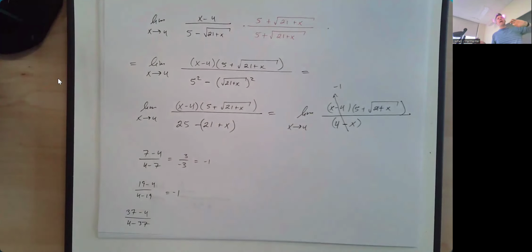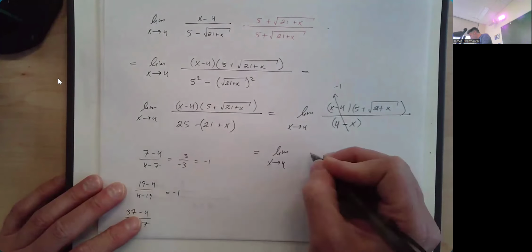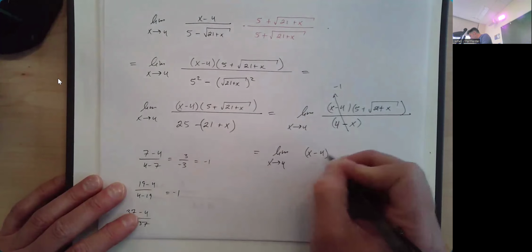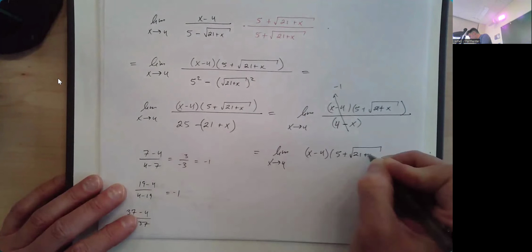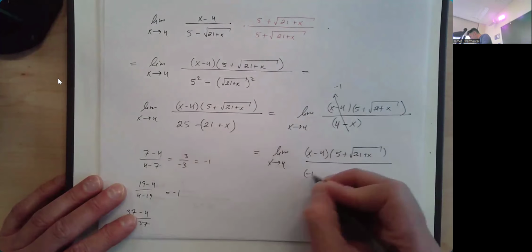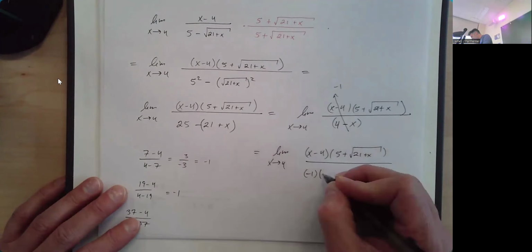If you don't like that, you can simply factor out a negative 1 from the top or from the bottom. If I want, I could write this as the limit as x approaches 4, leave the x minus 4 on top as is. On the bottom, factor out a negative 1. And then if I divide out by negative 1, 4 divided by negative 1 is negative 4.